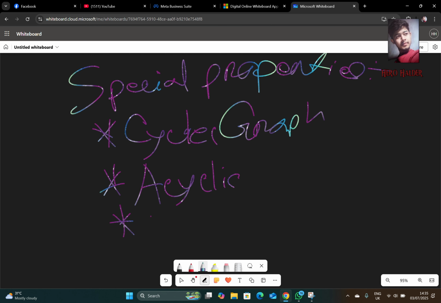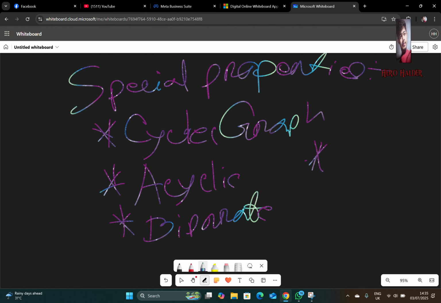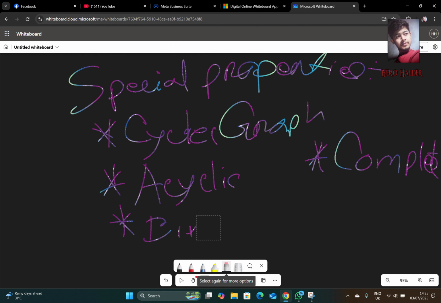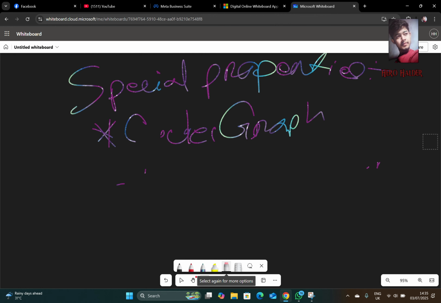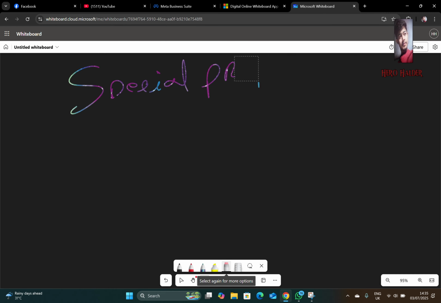Third one is bipartite graph. And fourth is complete graph. We will try to learn each individually.